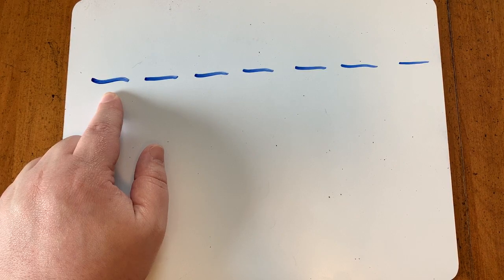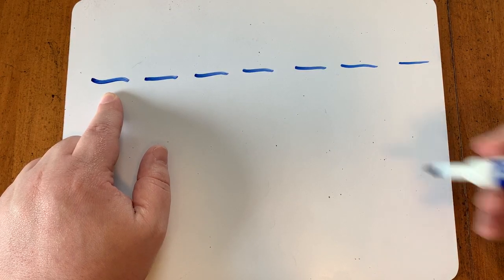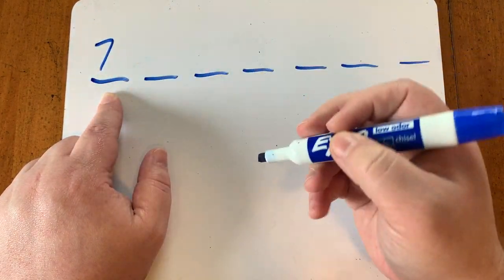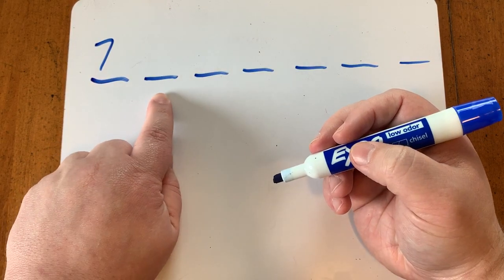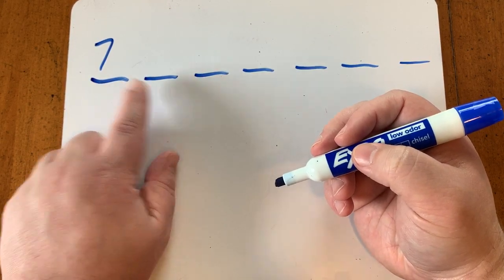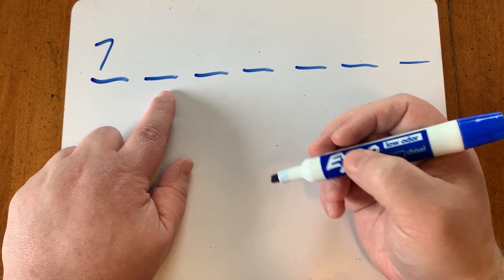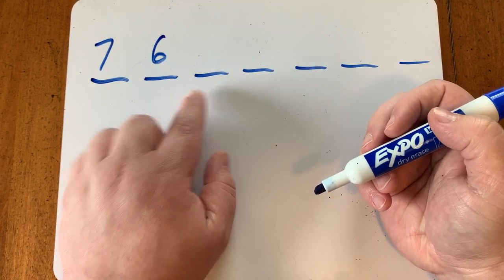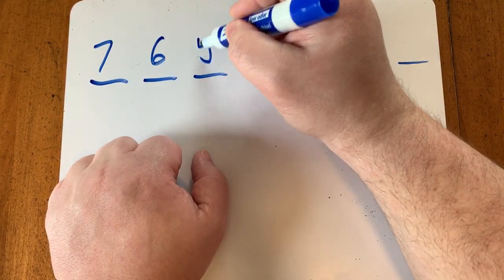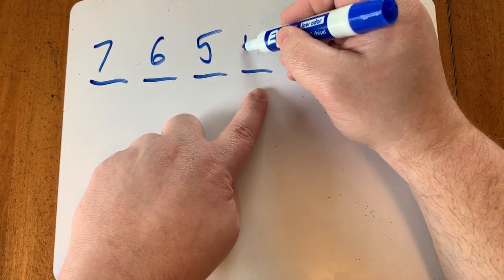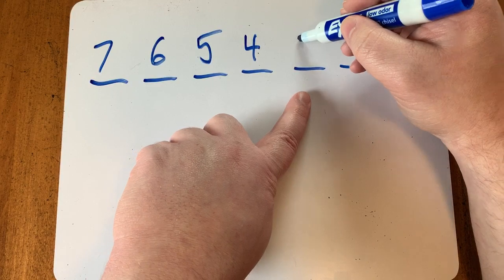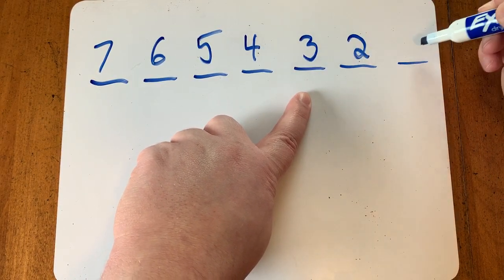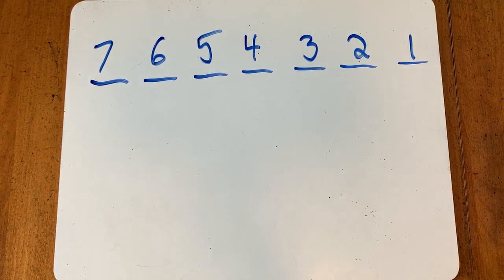In the first spot, any of the 7 people could be there. But in the second spot, anyone can be there except for the person already in the first spot. So that leaves us with 6 people. In the third, anyone can be there except for the 2 we've already used. So it's 5. Same idea for the fourth spot, the fifth spot, the sixth spot, and the 7th spot.